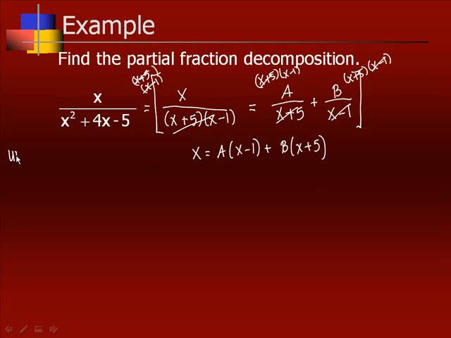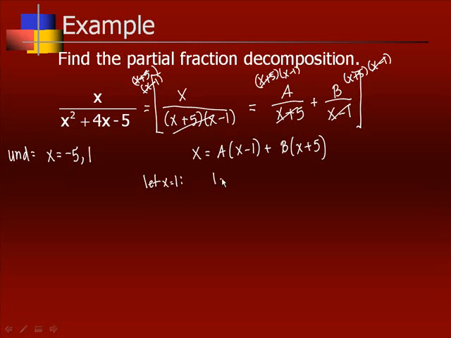Now, this original problem is going to be undefined when x plus 5 equals 0, that means it's undefined at -5. x minus 1 equals 0 means it's undefined when x is 1. So I'm just going to plug in here. Let x be 1.